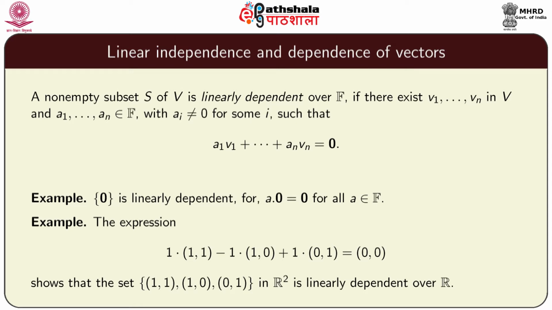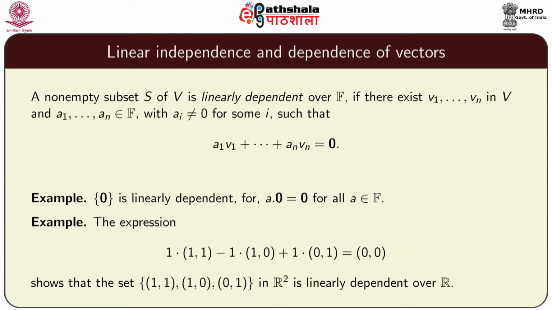Probably the simplest example would be just the singleton of the 0 vector, which is linearly dependent, because if you take any a from the field F, then a dot the 0 vector is the 0 vector. Therefore, we surely have a non-trivial linear combination which gives rise to the 0 vector.